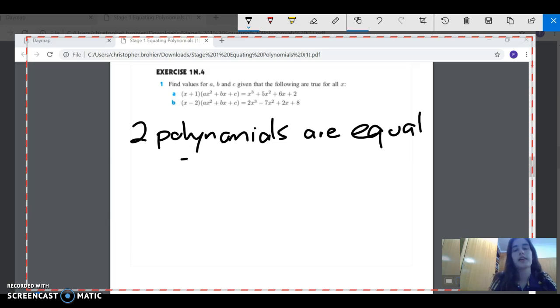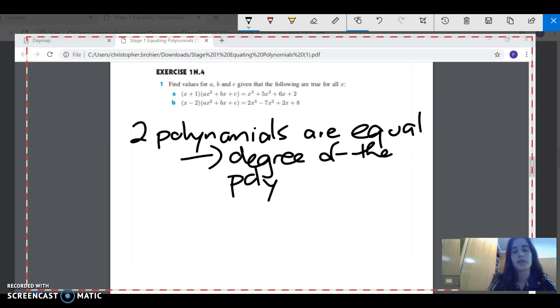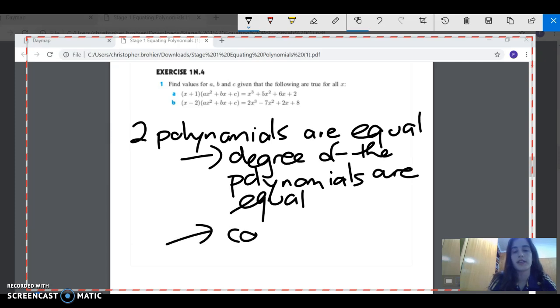Two polynomials are equal if the degree of the polynomial is the same, of the polynomials are equal and the coefficients are equal. Okay? That's all you really need to know. That makes an equal polynomial.